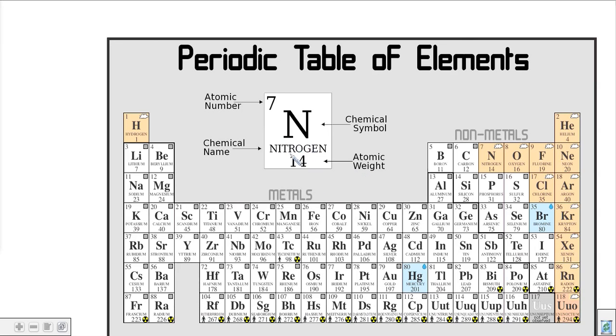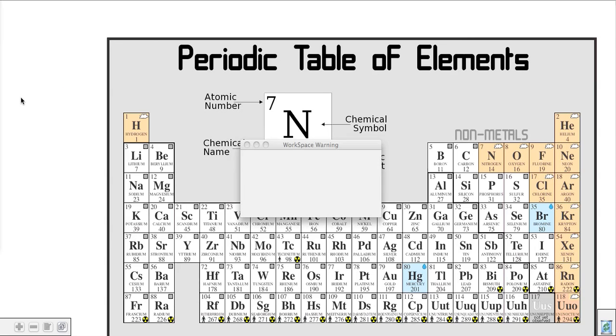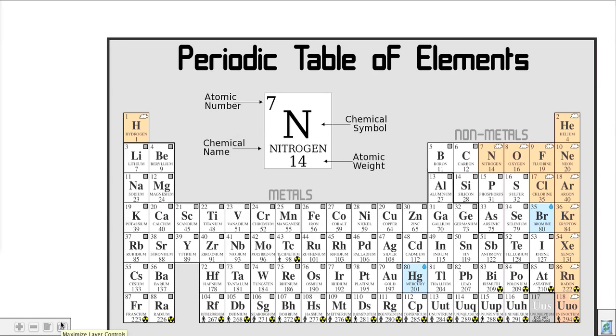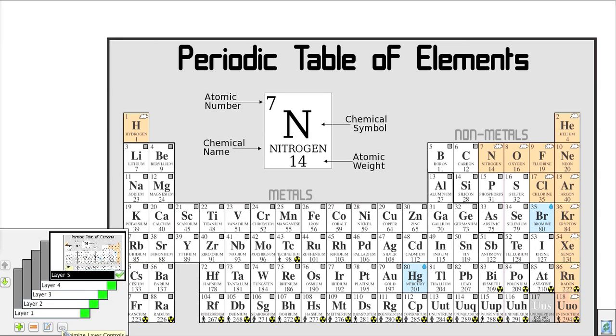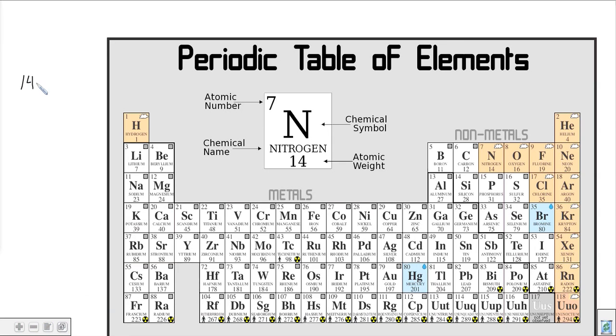So that means if I was to weigh out exactly 14 grams of nitrogen, I would get exactly 602 sextillion atoms of nitrogen. So this is really handy, because if I told you I have 24 grams of nitrogen, well, how many atoms do I have?